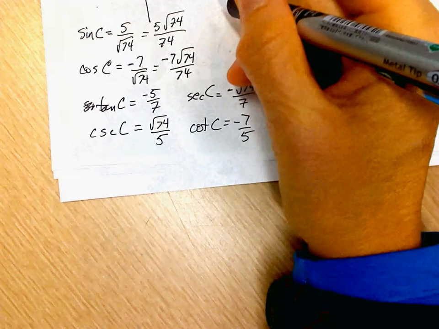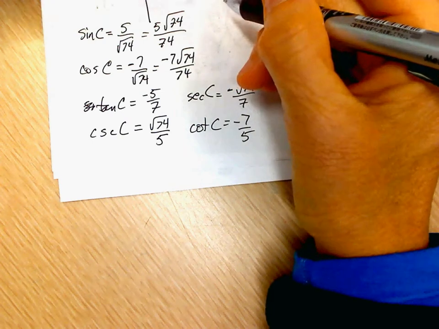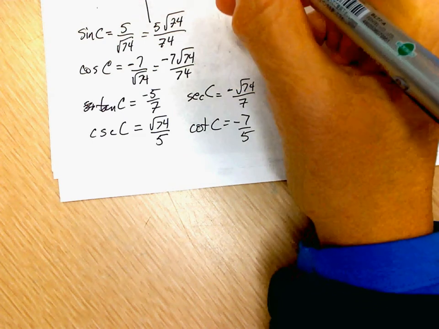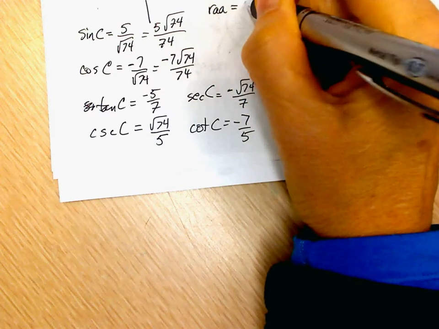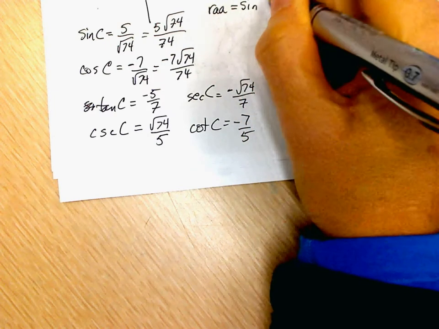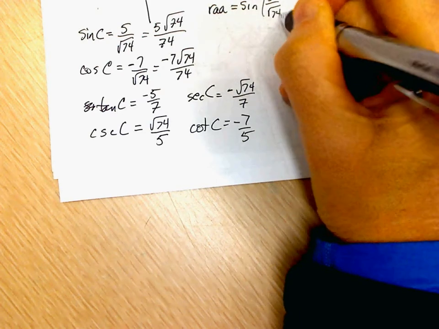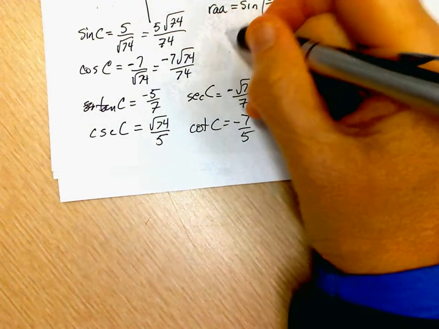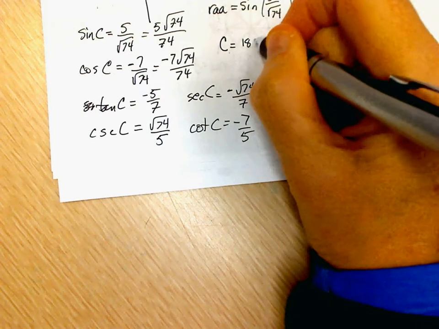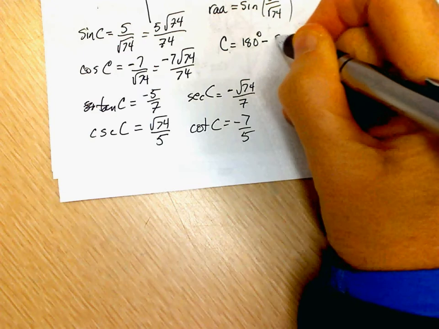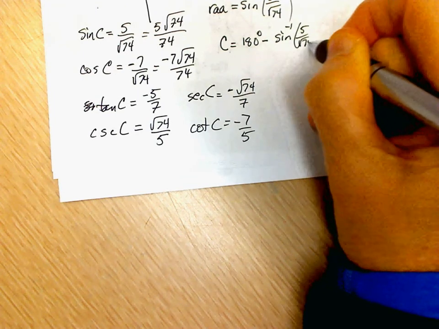So when we go to find the related acute angle, we go inverse sine of 5 over root 74. However, C will equal 180 degrees minus the inverse sine of 5 over root 74.